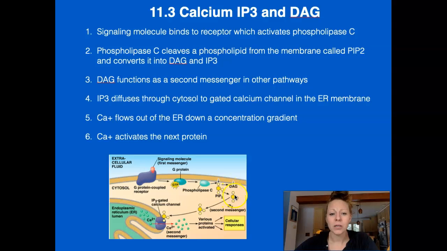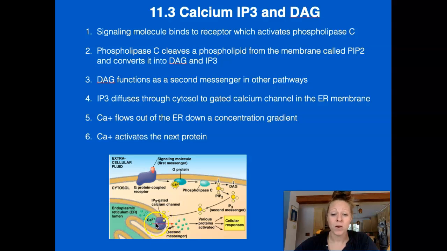The IP3 is going to attach onto a calcium-gated channel that's found in the endoplasmic reticulum. The endoplasmic reticulum, remember we said there's calcium in there, and so this is going to open up that gate and allow the calcium to come out of the endoplasmic reticulum and enter into the cytoplasm. So the goal of this IP3 was to act as a signaling molecule onto this calcium channel.